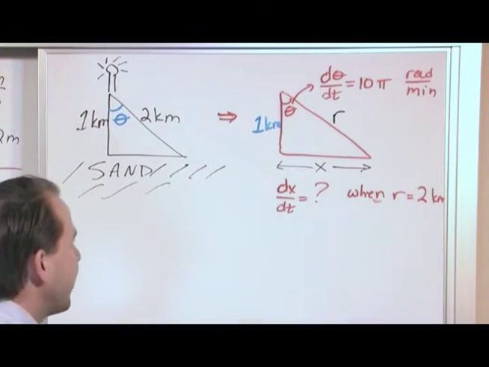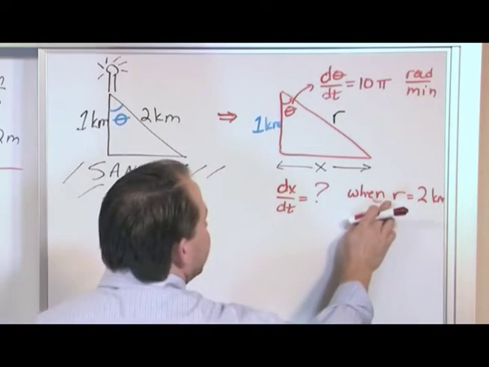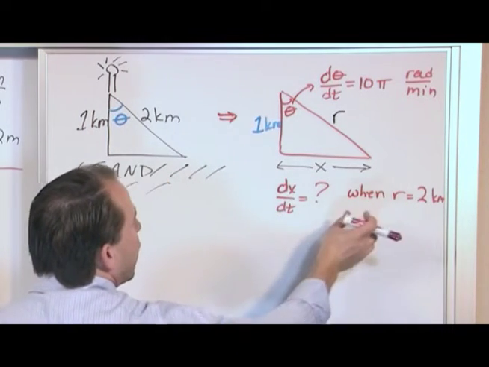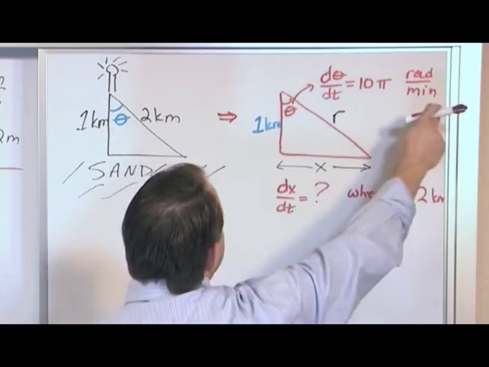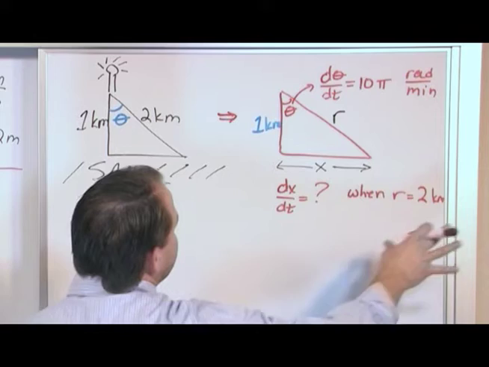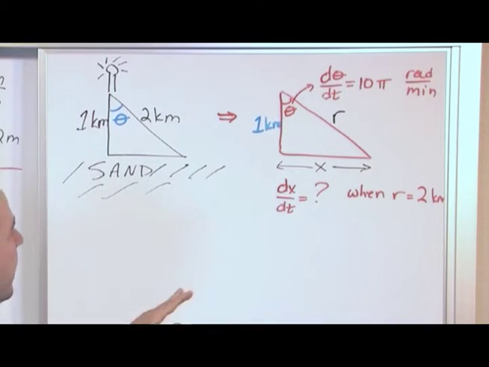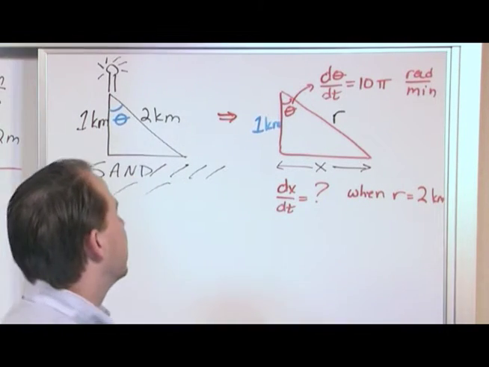And that's really in math what we're trying to find here. So dx dt whenever the radius is equal to 2 kilometers, because at any other time, r is going to be different, the beam is going to be over here, everything's going to be different. That's not what I care about. I only care about the speed of the beam when the radius is 2 kilometers.